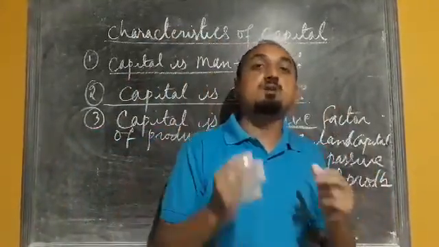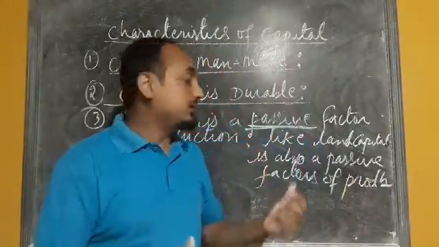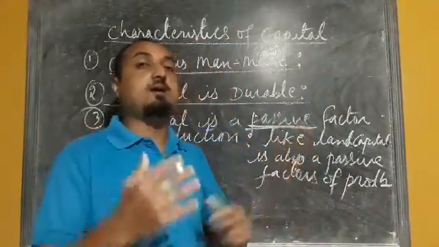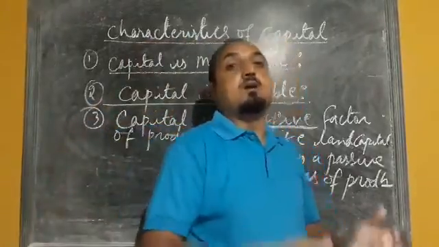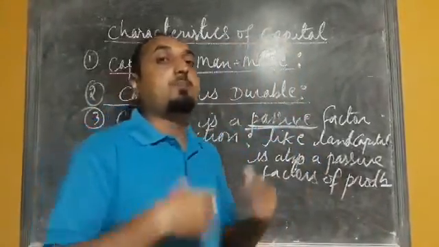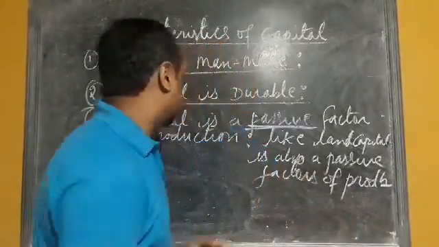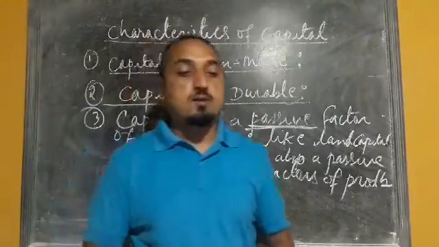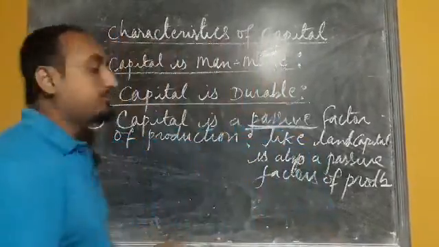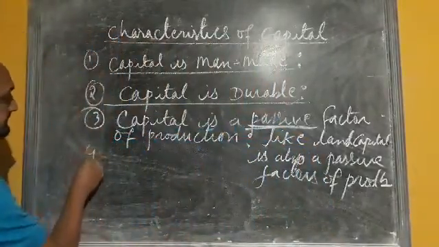Capital cannot produce anything by itself. At least a few laborers are required to apply on it, so that capital will start producing items. So that is the third characteristic. Now the fourth characteristic we have: capital is subject to depreciation.